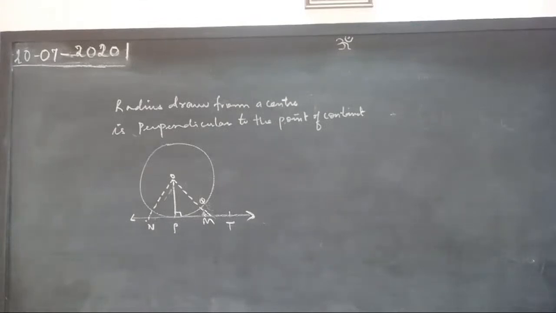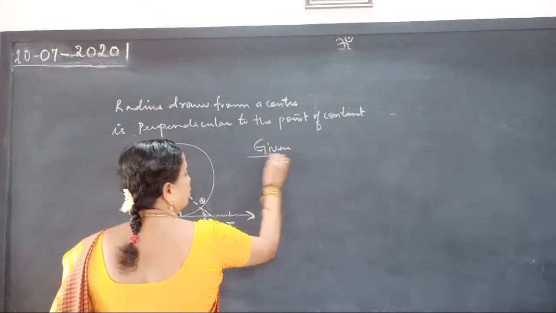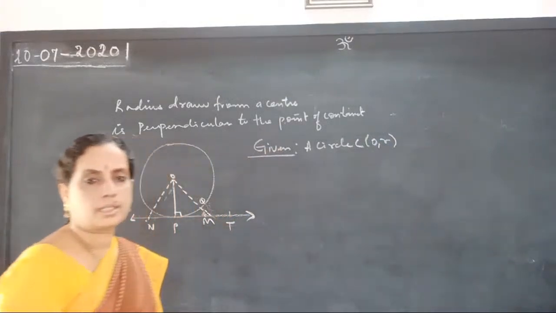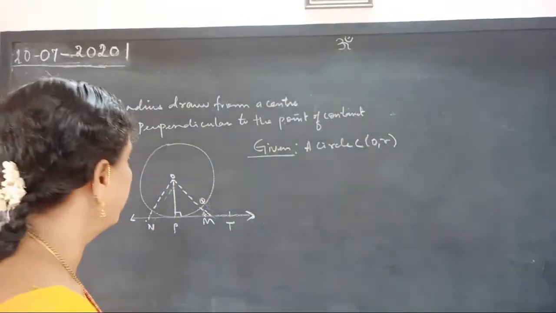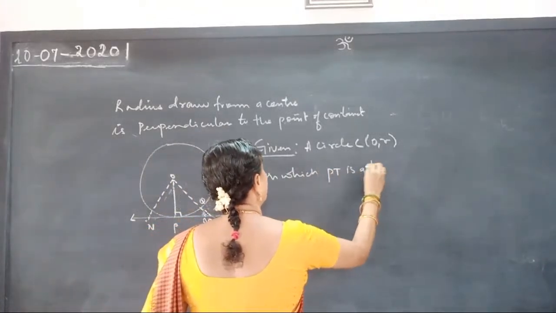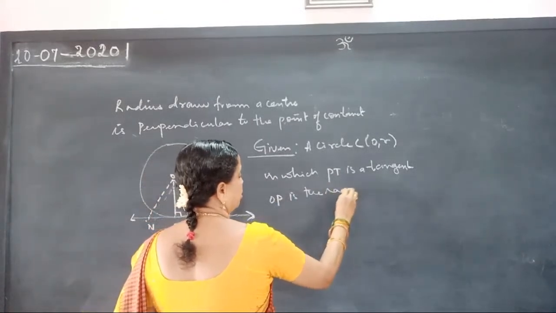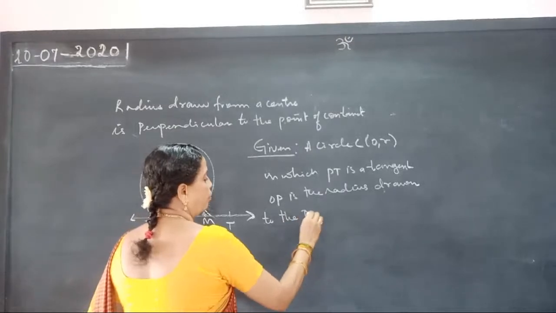Get the figure? As a theorem consists of steps, the first step is Given: a circle C(O, R), that means a circle with center O and radius R, in which PT is a tangent and OP is the radius drawn to the point of contact.